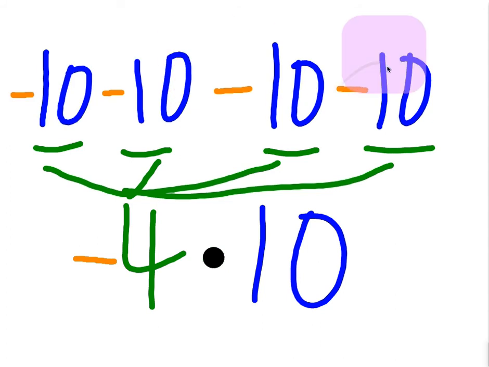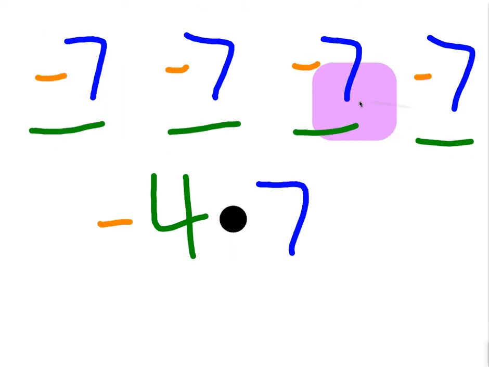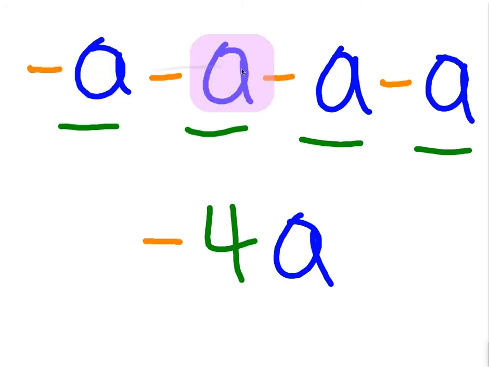Okay, minus 10 minus 10 minus 10 minus 10 becomes negative 4 times 10. If you subtract 1 4 times, it becomes negative 4 times 1 because there's 4 of them. If you subtract 7 4 times, it becomes negative 4 times 7. And if you subtract a 4 times, it becomes negative 4a because you subtracted it 4 times.